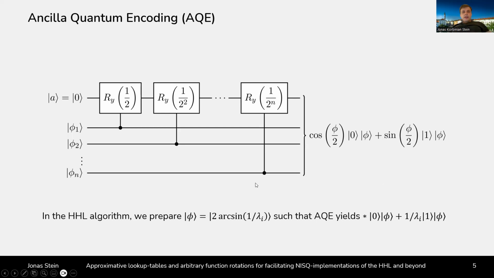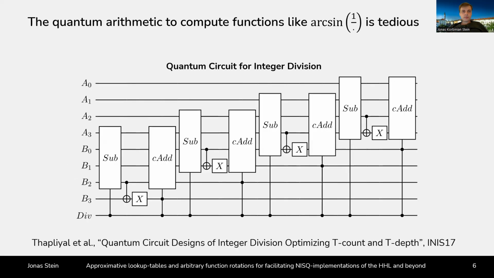If we prepare that phi in the right way, which in the HHL means 2 times arcsine of 1 over lambda_i, we get out exactly what we want. We get out state 0, which is not interesting to us, but in state 1 we get 1 over lambda_i, which is exactly what we need for the HHL. So this is the main functionality of ancilla quantum encoding.